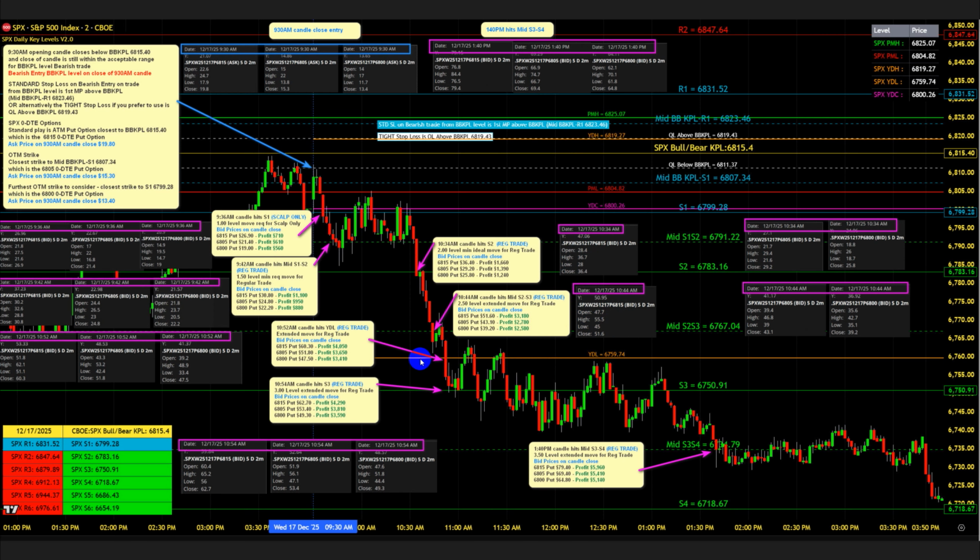So here at 10:52 a.m. you would have another decision to make here. So here you have the extended move for the YDL hit here, 10:52 a.m. Bid prices on candle close, they're over here, 10:52 a.m.